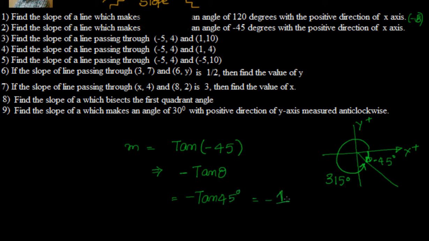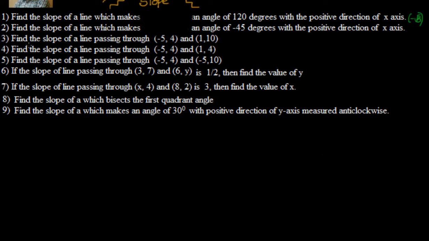Let's look at the next problem. Find the slope of a line passing through minus 5, 4 and 1, 10. We know that the slope, tan theta, is equal to the change in vertical divided by the change in horizontal distance.